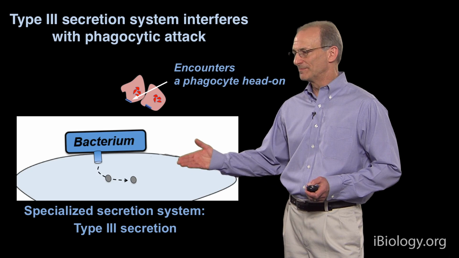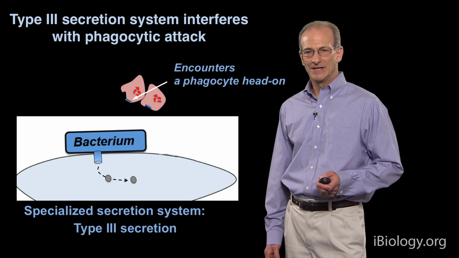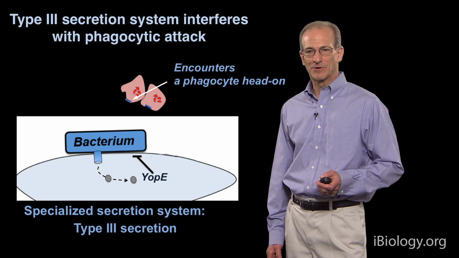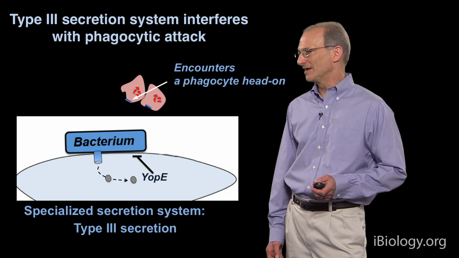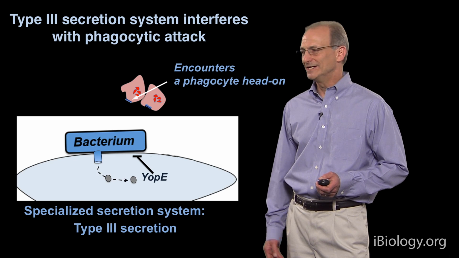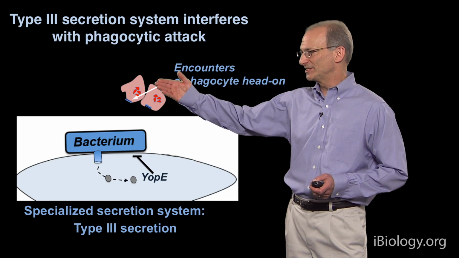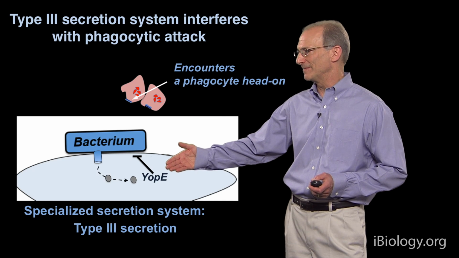All right, so now the secreted protein goes through the type 3 translocation apparatus, and what's probably the most important protein for this process is the protein YopE, which is one of these proteins that targets small GTPases in the host cell and inactivates Rho family members to prevent phagocytosis. So what you see here is YopE is being secreted by the bacterium.